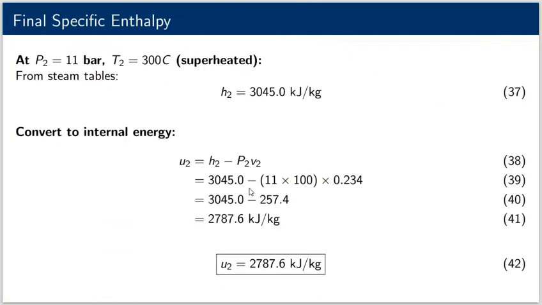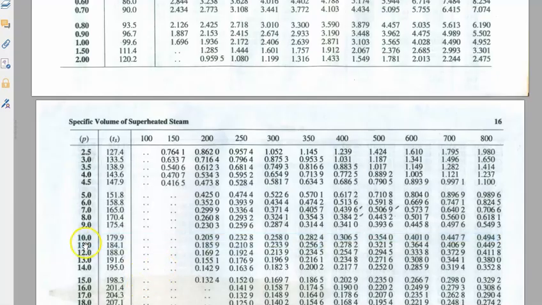So now we know that P2 is 11 bar, T2 is 300 degrees centigrade, and the volume is 0.2339, or we can take 0.234. All the data we have, and the enthalpy we get from this steam table.